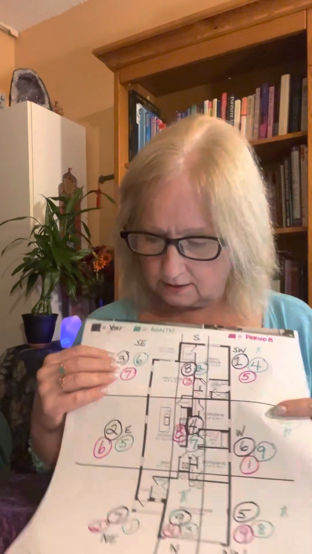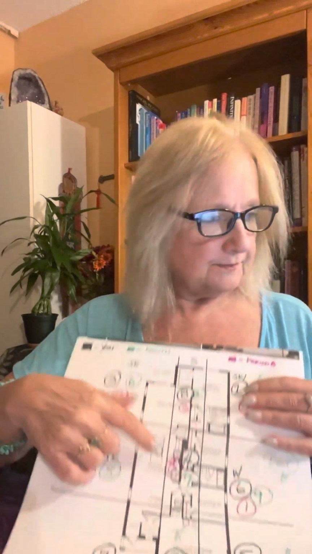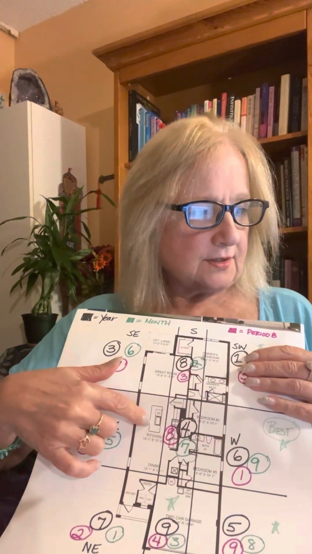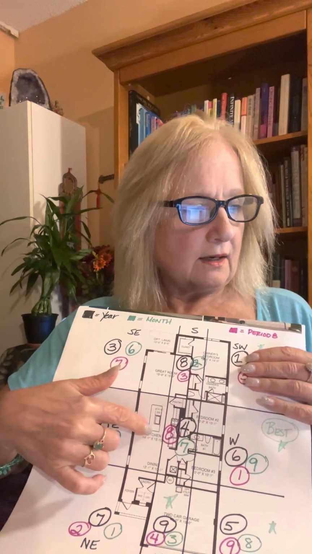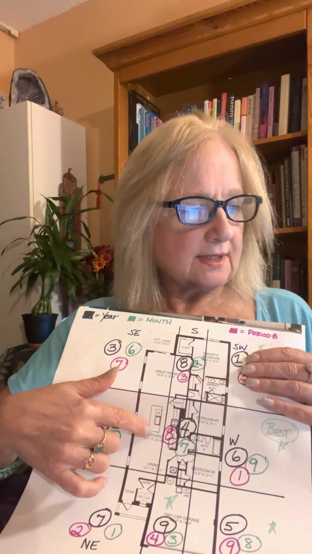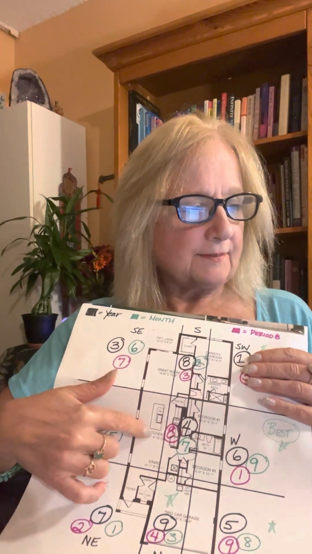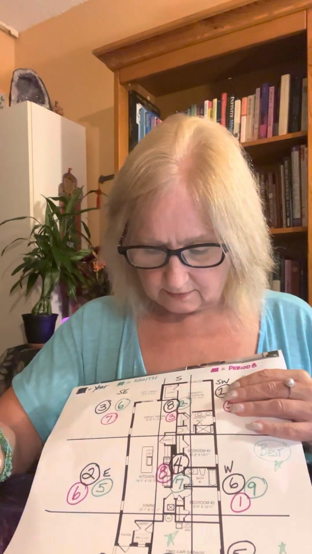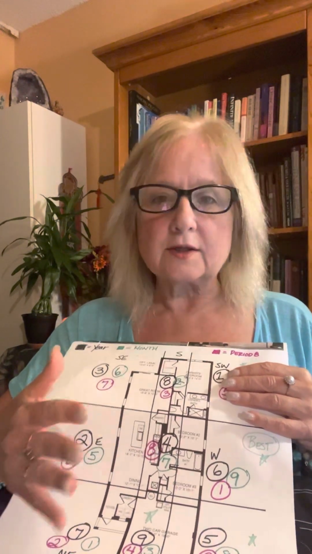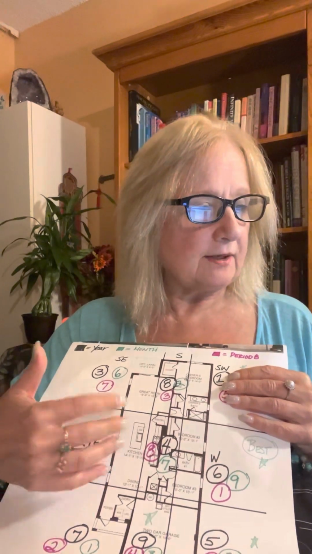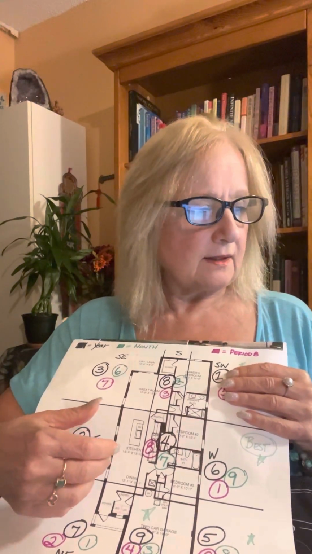And then in the middle we have the center sector, and that is the yearly star 4, star of academics, monthly star 7, star of robbery, and the period 8 star is in the middle. And that is not really auspicious either. Okay, now the 4 star for all year is auspicious, but when we combine it with the 7, it's not.